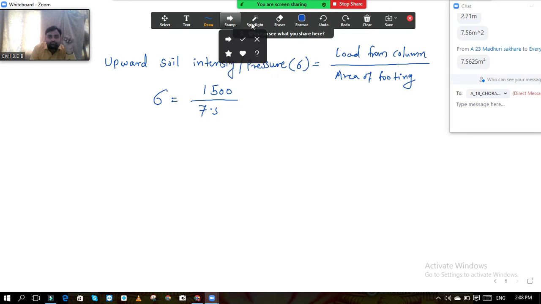Okay, here you can also write it in this way: 2.75 by 2.75, this is the area, or you can directly write 7.56. Solve this and let me know the answer. What is the value of sigma, the upward soil pressure?